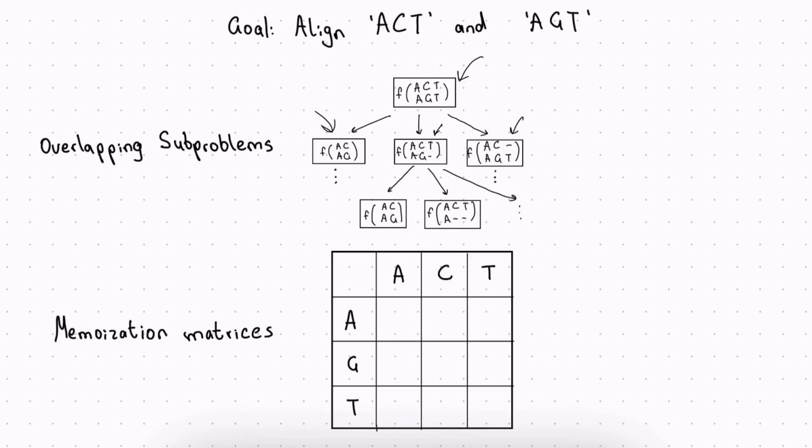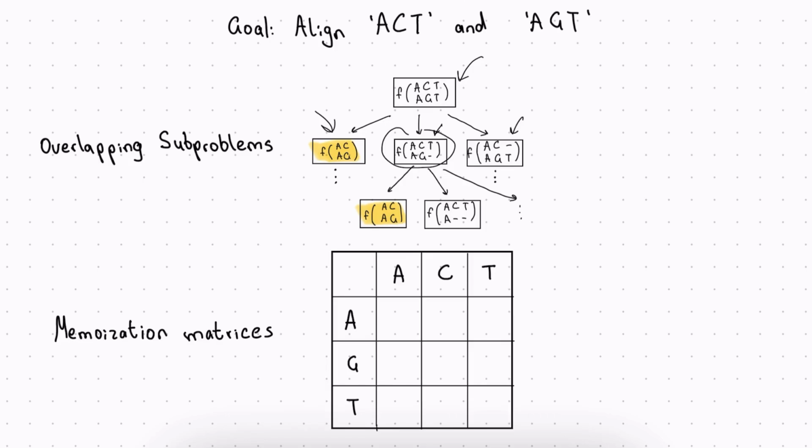And then we go on and break down these subproblems into even smaller subproblems. For example, if we look at this middle node, we see that I've broken it down by removing the last element of the top part or the last element of the second sequence. And if we take a look here to this subproblem, we see that they are the same.